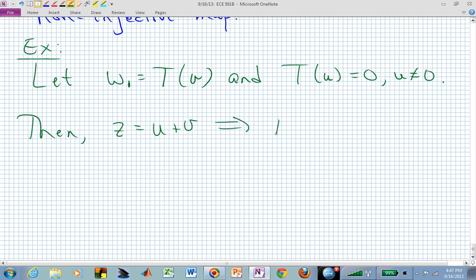And now if we operate on z with that linear map, that's now T of u plus v, but that's T of u plus T of v. T of u was 0. T of v, that's a pretty sloppy v, isn't it, that we assumed was w1.